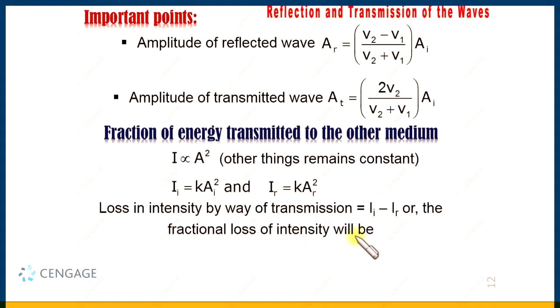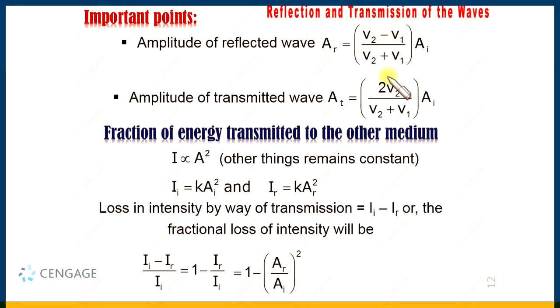Now we are interested in calculating the fractional loss. That means we divide II minus IR by II, the initial intensity. This can be written as 1 minus IR divided by II, and since intensity is proportional to amplitude square, this is 1 minus (AR divided by AI) squared, right?